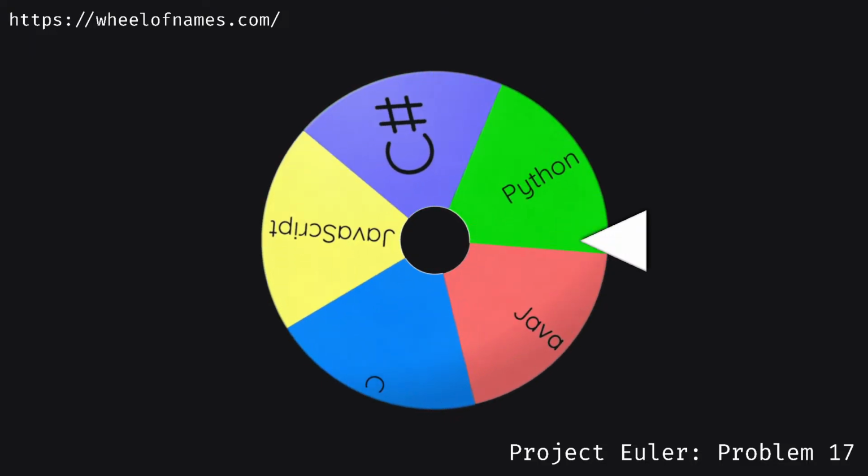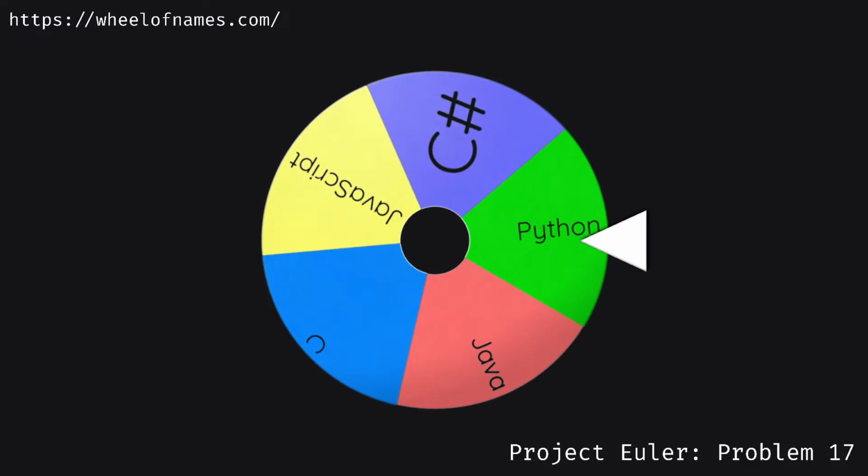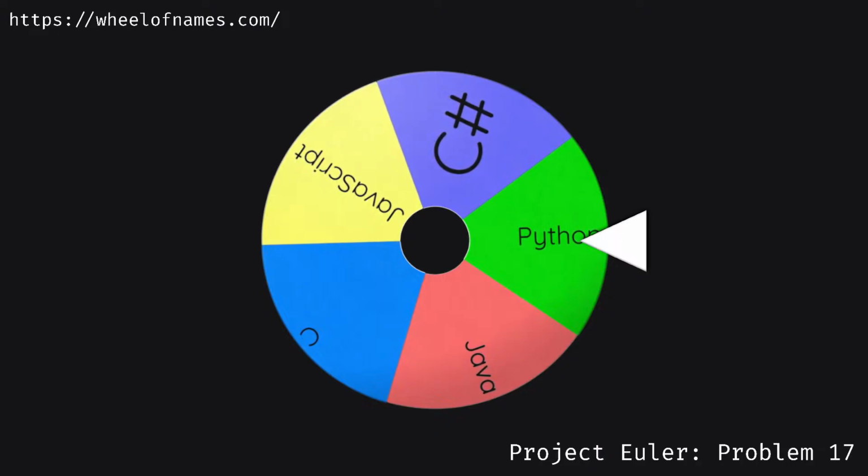I think we're getting Java. No, Python. Again, that's Python again. That was very neatly centered on Python. Okay, that's great. Python is, I think, the easiest language for this. All the languages are very similar, but Python has that nice test syntax.